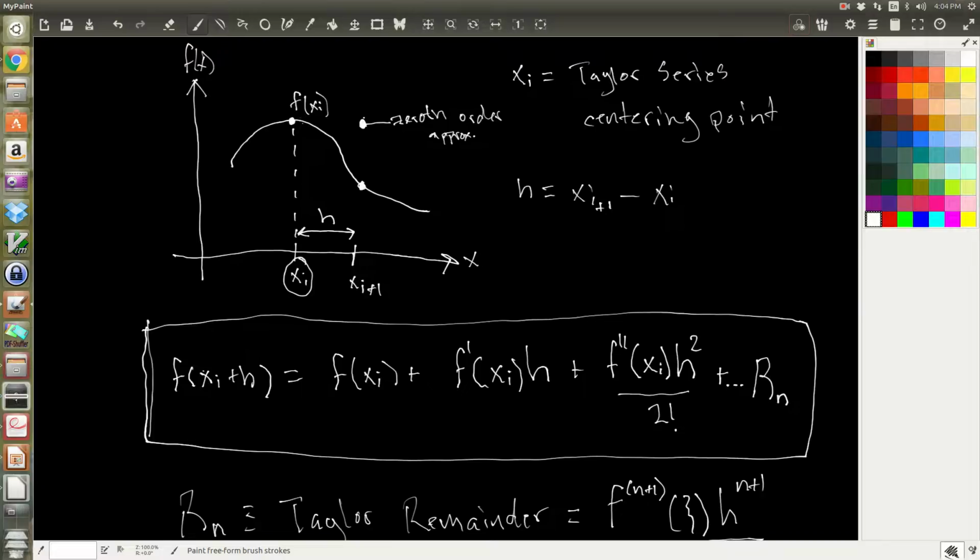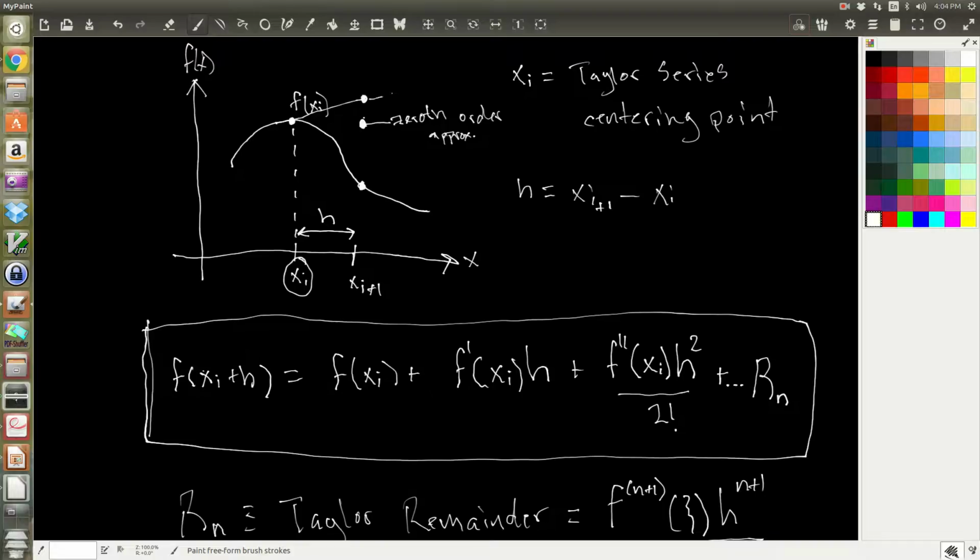So if the derivative doesn't change between here and this point xi, then we could draw a line out from here, and the slope of this line represents the derivative here.